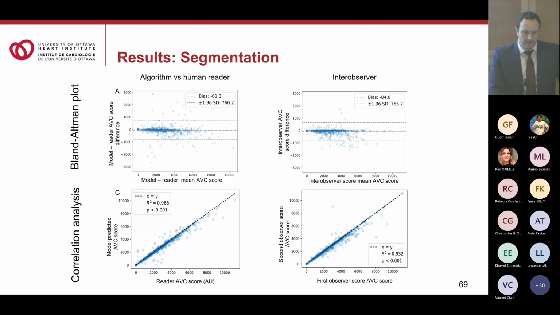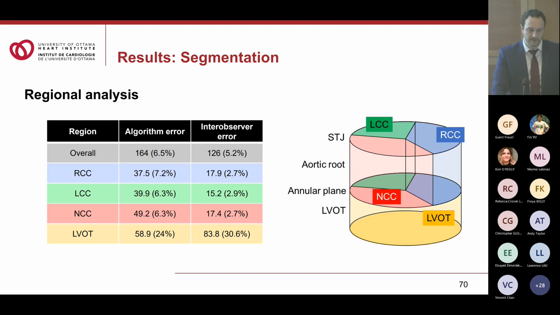These are some of the Bland-Altman plots that we produced for this. So this was the algorithm versus a human, and we can see that there's no systematic over or underestimation of the calcium score, and this was the inter-observer difference. So we also evaluated correlation and found strong correlation between the reader aortic valve calcium score and the model predicted score.